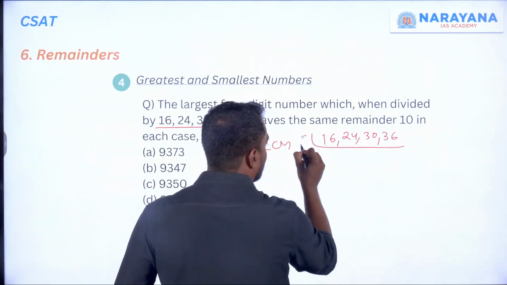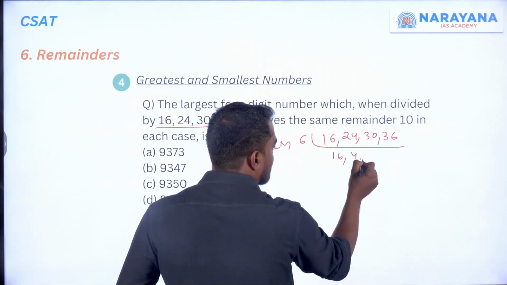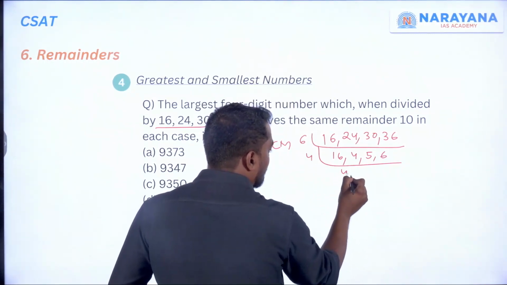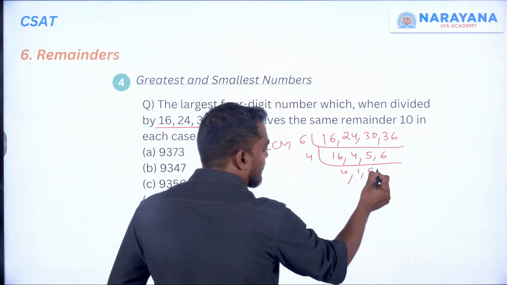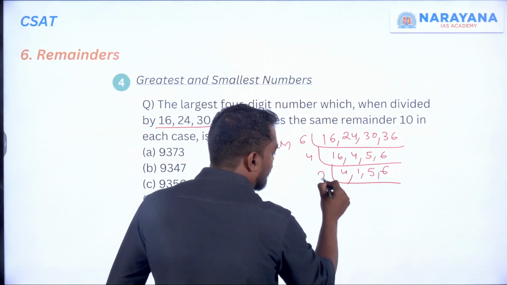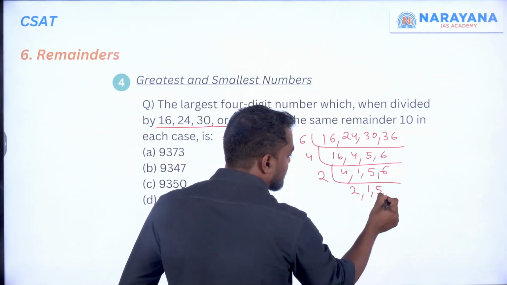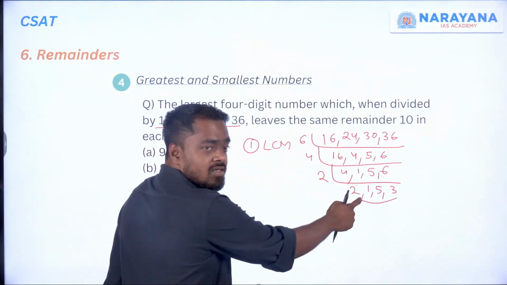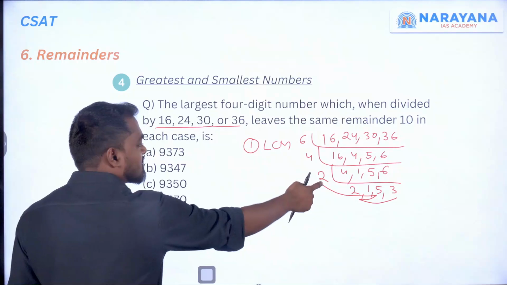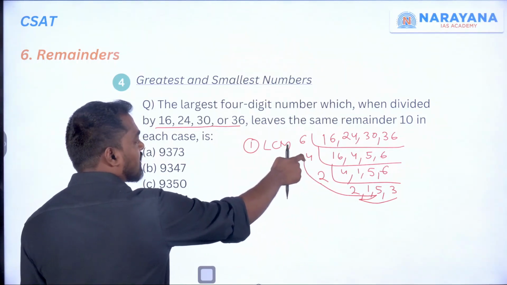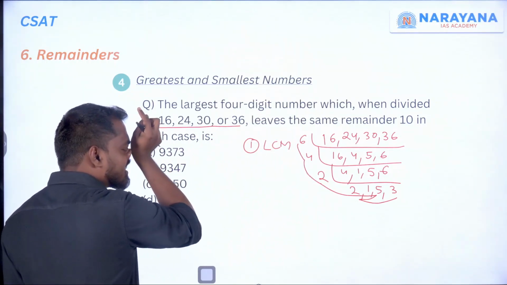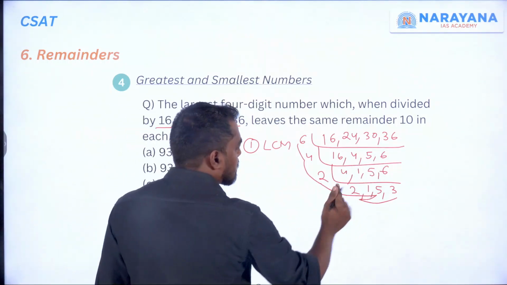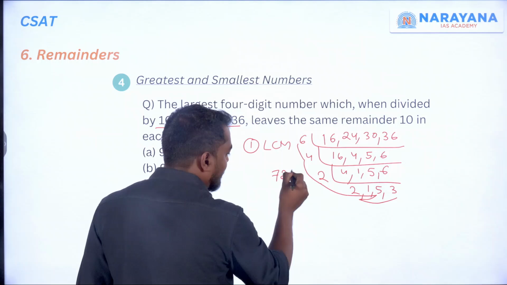You can put 6, right? 6 4s are 24, 6 5s are 30, 6 6s are 36. You can put 4, 4 4s are 16, 4 1, 5, 6. You can put 2, 2 2s are 4, 2 1s are 2, 2 5s are 10, 2 3s are 6. Right? 2 3s are 6, 6 5s are 30, 3 2s are 6, 6 4s are 24, 240 into 6. You are getting an LCM of 720.